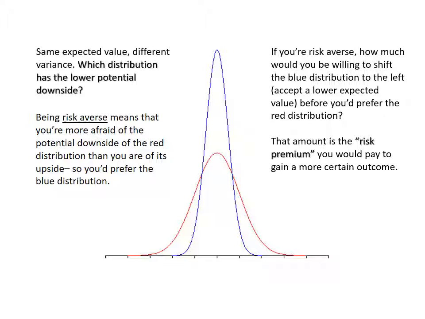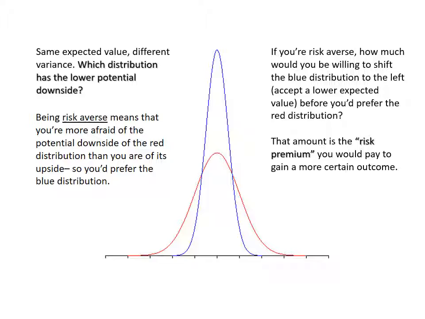And so it's a question that's worth asking. If you are risk averse, how much would you be willing to shift the blue distribution to the left, to accept a lower expected value, in order to shrink the variance, right?